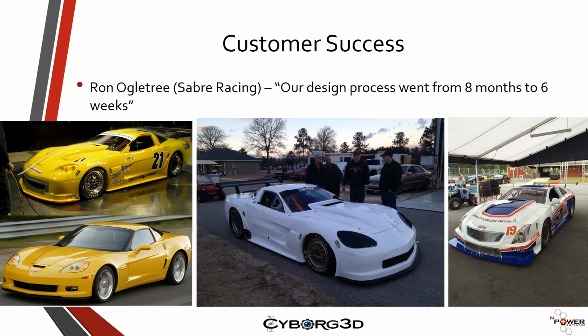And so what they've been able to do with our product is take a process that used to take them 8 months down to 6 weeks, which has enabled them to do more work and branch out into different areas and such. So it's been highly successful for them.